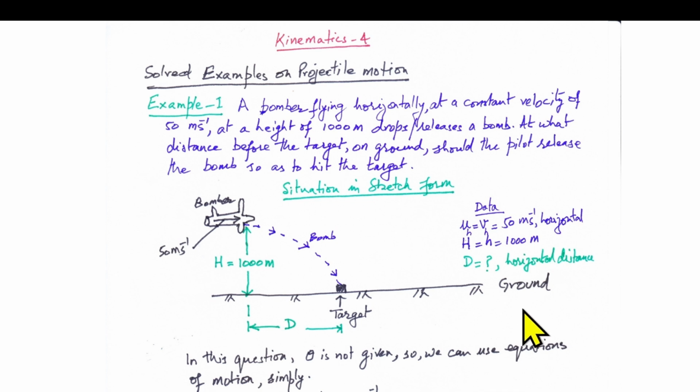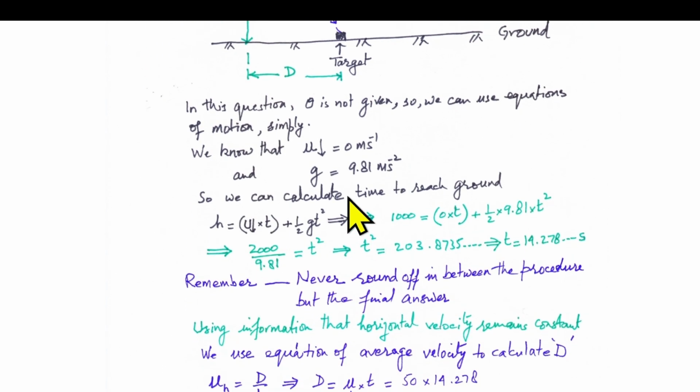Now in this question theta is not given, so we can use equations of motion simply. We know that initial velocity downwards is 0 meters per second and gravity is equal to 9.81 meters per second square. So we can calculate the time to reach the ground, from h is equal to ut plus half gt square.